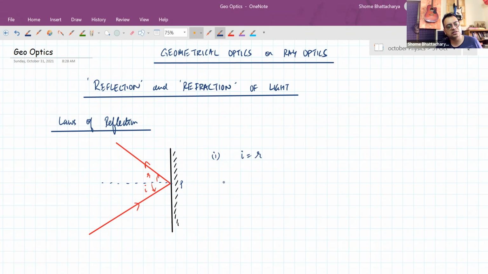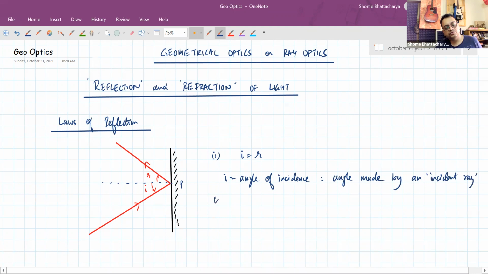So first of all, what are these? I is the angle of incidence, which is the angle made by an incident ray with respect to the normal to a reflecting surface at its point of incidence.